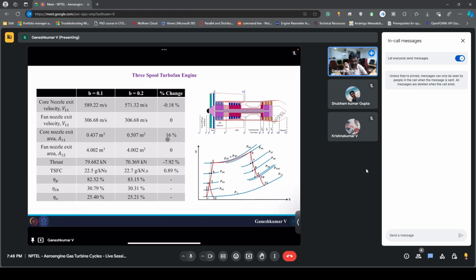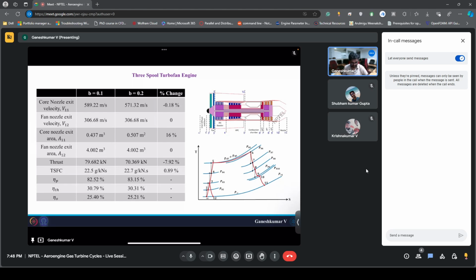Even though the exit velocity reduction is very small, as I said, thrust is a linear function of mass flow rate. So if you reduce the mass flow rate because of the increase in air bleed percentage, it's going to have a very detrimental effect on the thrust, and that is what you are seeing here.